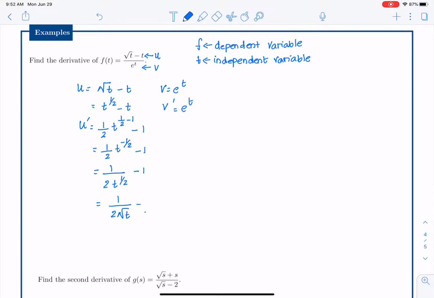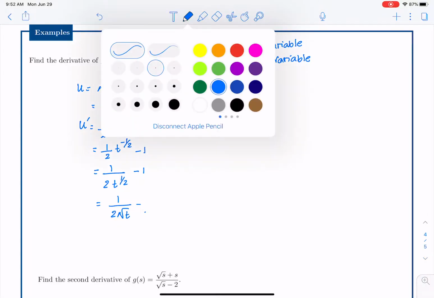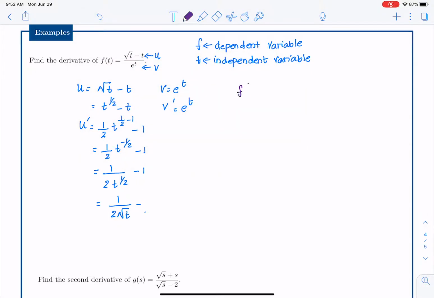So the formula here is f prime of t is v u prime minus u v prime, divided by v squared. V is e raised to t.